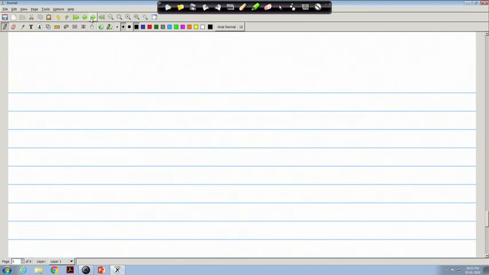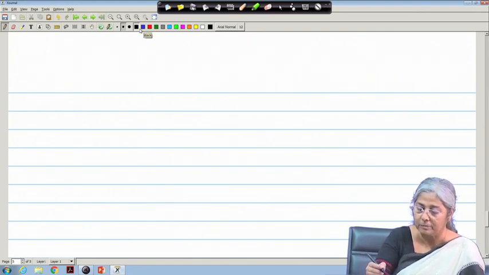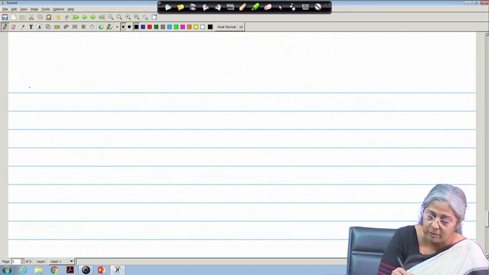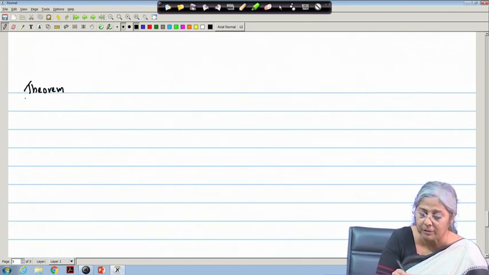So, now we write the statement of the inclusion exclusion principle. I write it as a theorem. So, this is the theorem of inclusion exclusion.